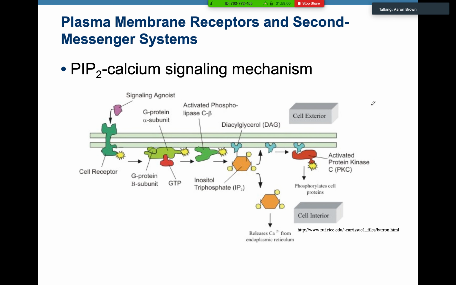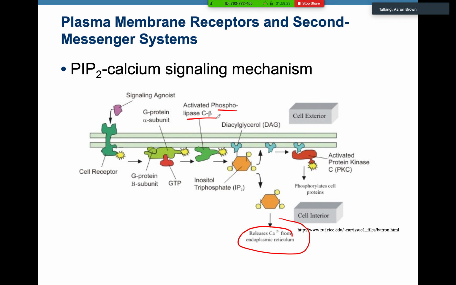So the PIP calcium signaling mechanism is for G sub Q receptors. And we said that ultimately in our G sub Q G protein coupled receptors, the goal is to increase release of calcium. There's a few different names that we need to know here.